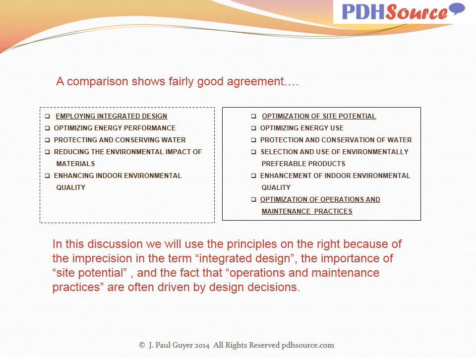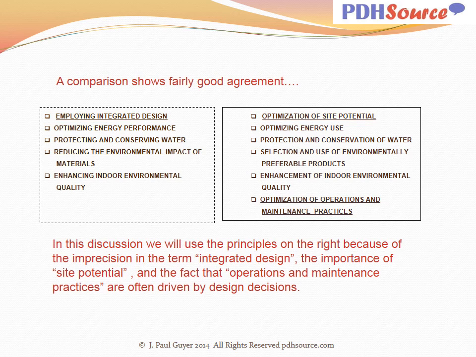And the two lists are remarkably similar, with the differences noted here with the underlining. And in my view, the list on the right looks a little better. And so that's the one I'm using in what I'm talking about today.